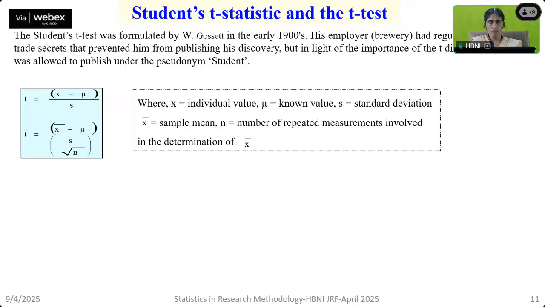So the equation for T gets slightly modified when you compare the mean of repeated measurements with the reference value mu.